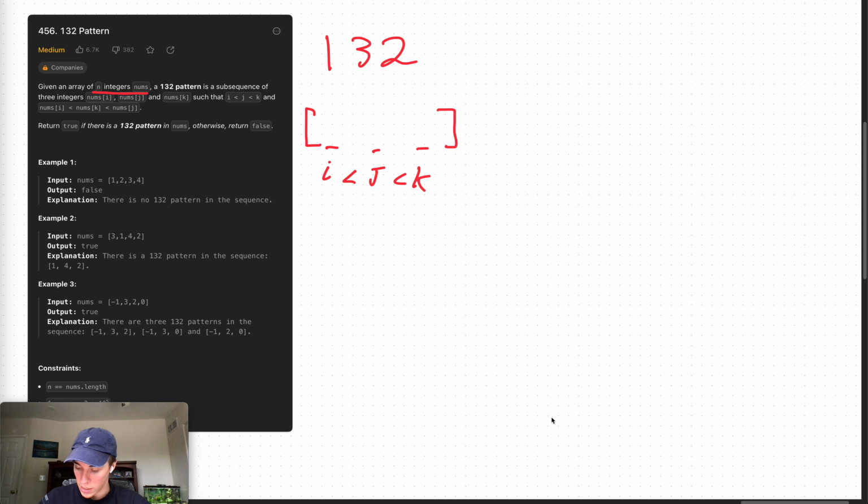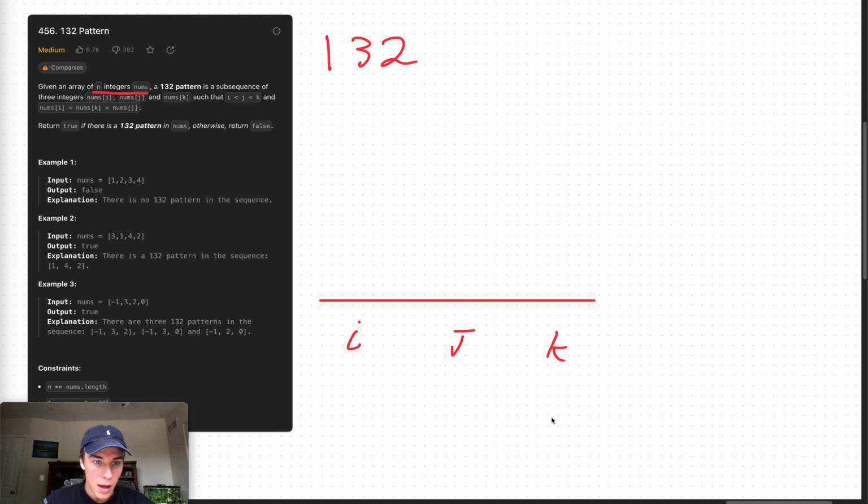Let's draw this as a graph or as a chart. Some i, some j, and some k, such that nums[i] is less than nums[k], and nums[k] is less than nums[j].